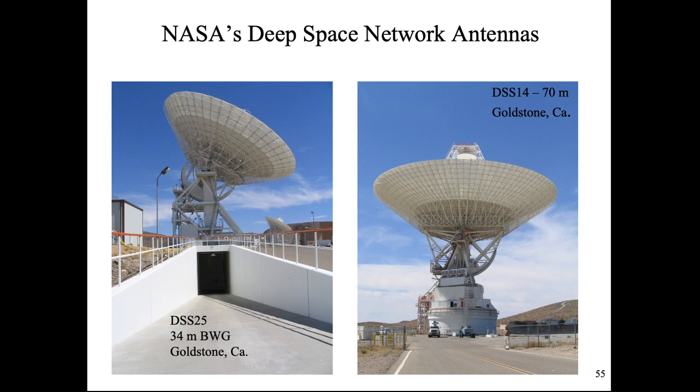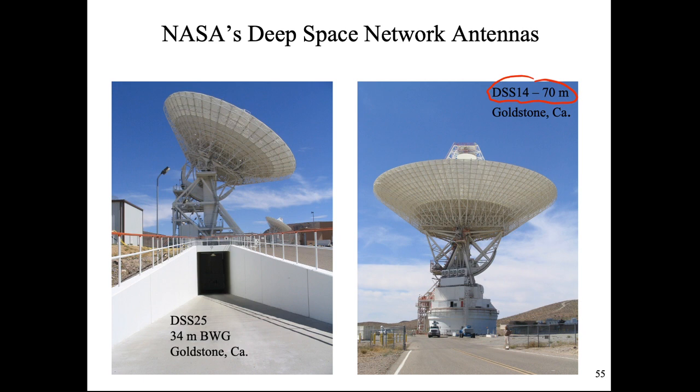Okay, these are NASA antennas. This is a 34-meter beam waveguide, and this is a 70-meter. Let me pick up the pen again. A 70-meter antenna is impressive, but as you can imagine, it's very difficult to maintain the parabolic shape.